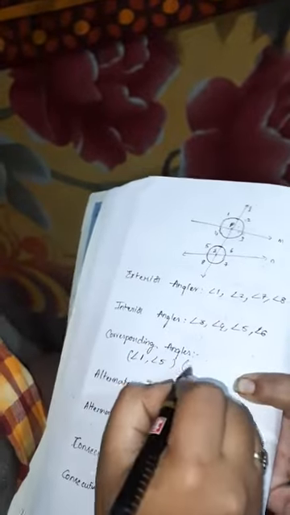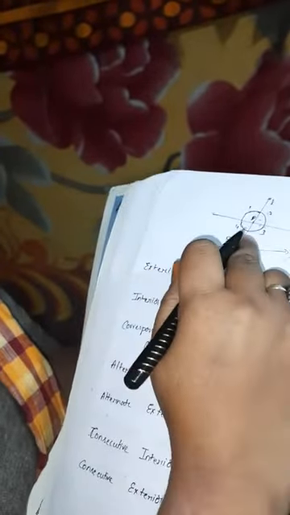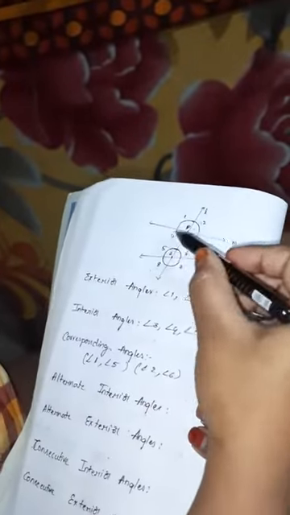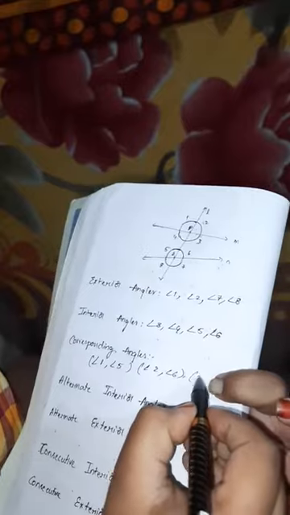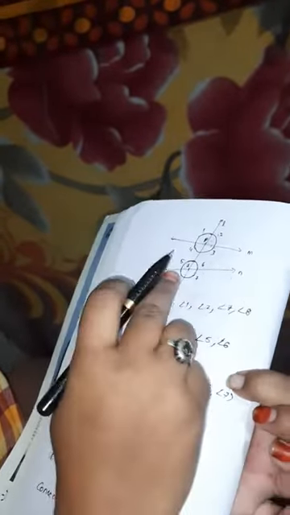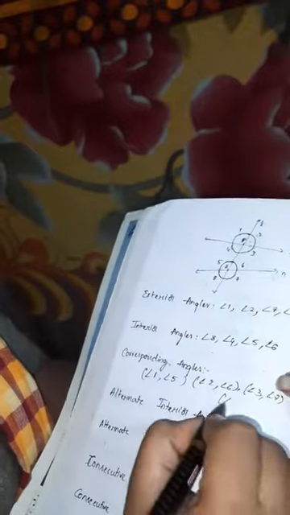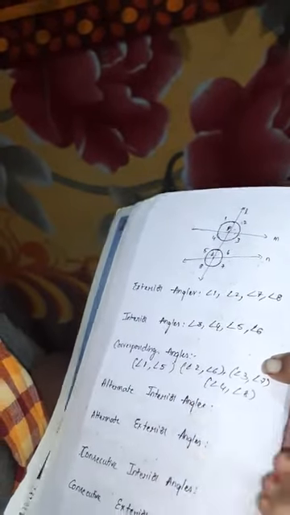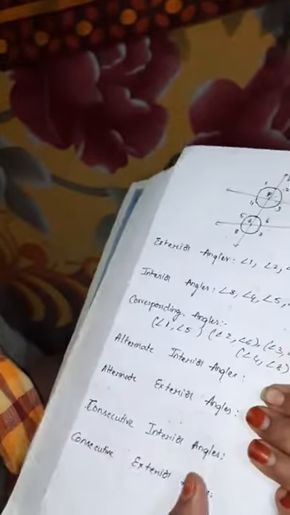This is one pair. And angle 2 and angle 6 is another pair, and angle 3 which is interior and angle 7 which is exterior is one pair, and angle 4 and angle 8 is another pair of corresponding angles.